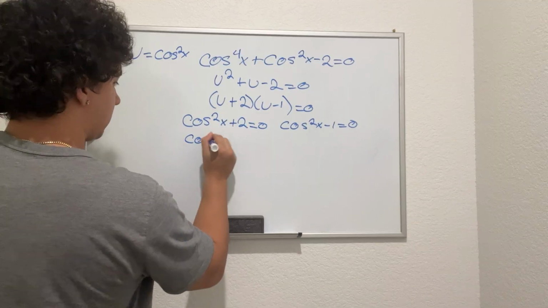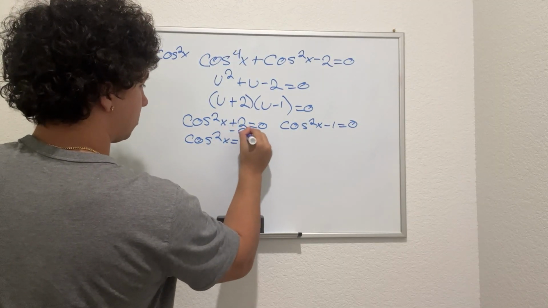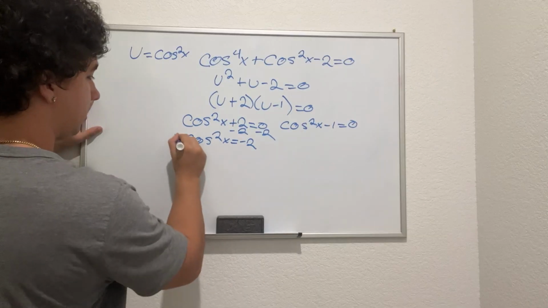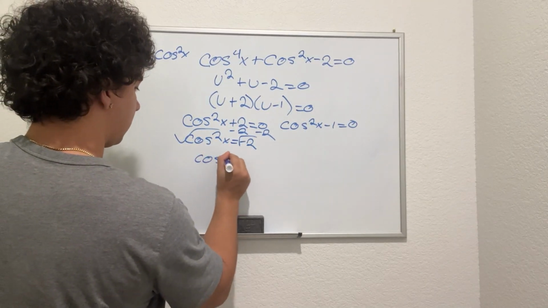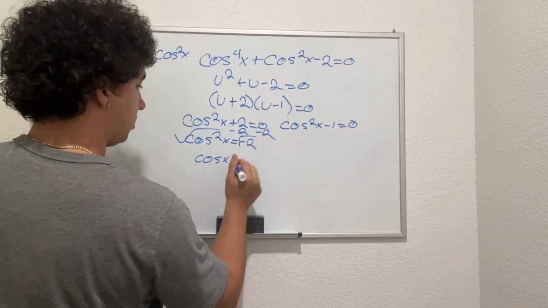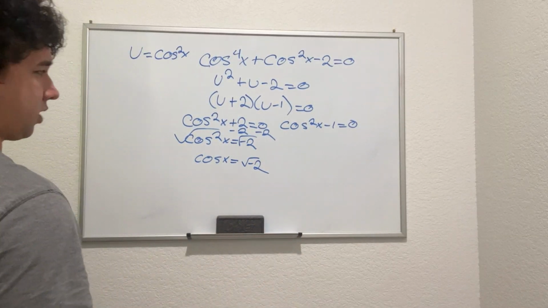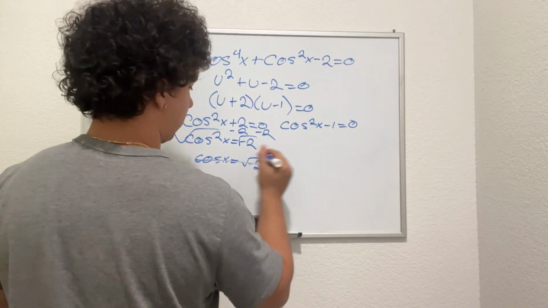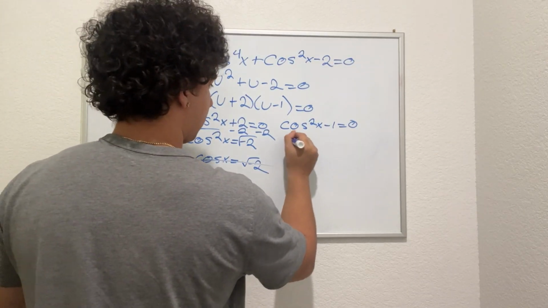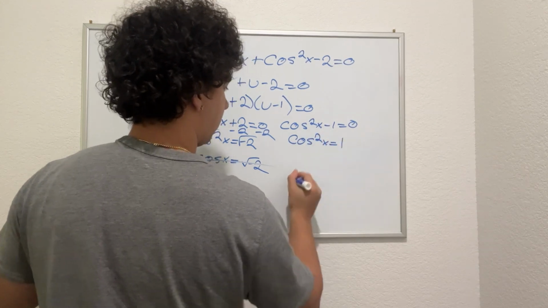This one's going to be cosine squared x is equal to negative 2 after I subtract 2 from both sides. Take the square root, I get cosine x is equal to square root of negative 2. This is actually not even a thing, it's imaginary, so I don't have to worry about that. So all I worry about here is cosine squared x is equal to 1.